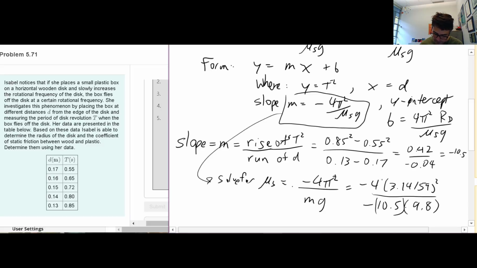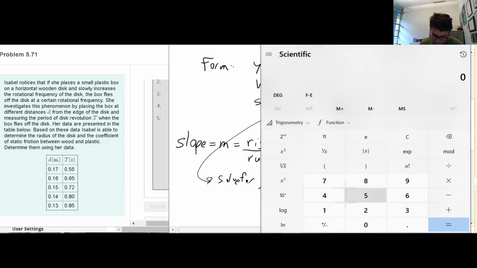Okay, so the negatives can cancel there. I'll just make these pluses. And I'm going to get 4 times 3.14159 squared divided by 10.5 equals divided by 9.8 equals.